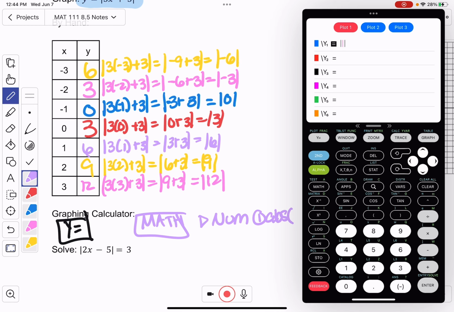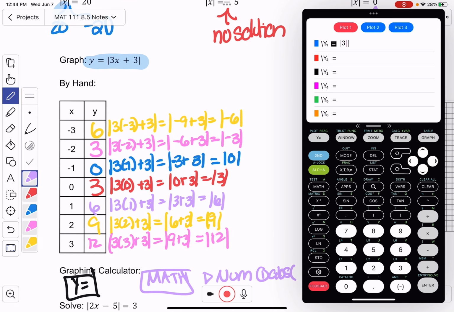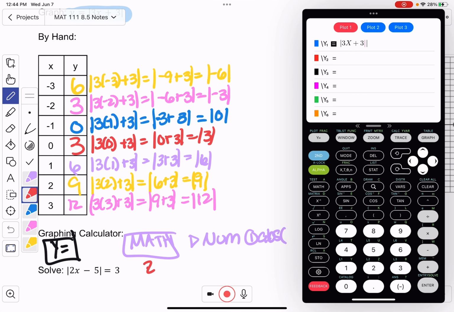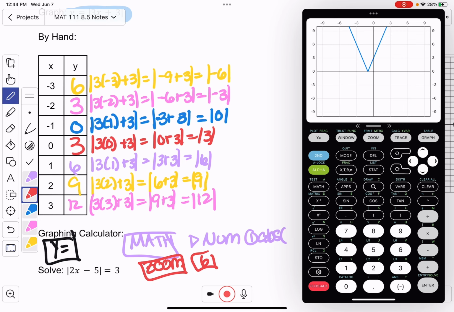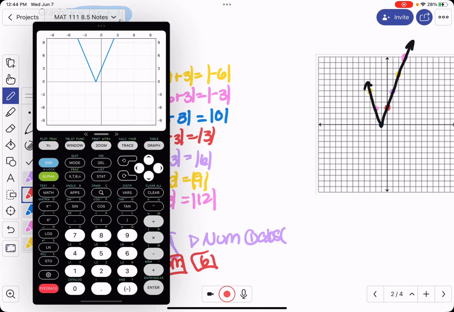It puts the bars there. Then we can type 3x plus 3 right in there. And if we click zoom, top middle, and then 6 for the standard, it will show our graph, and it'll look very similar to the one we drew.